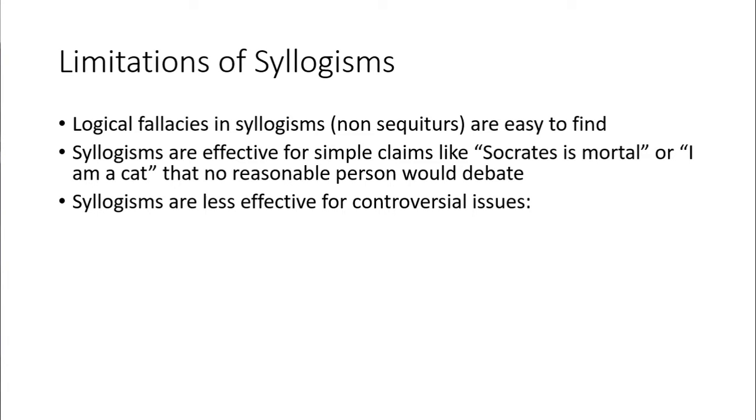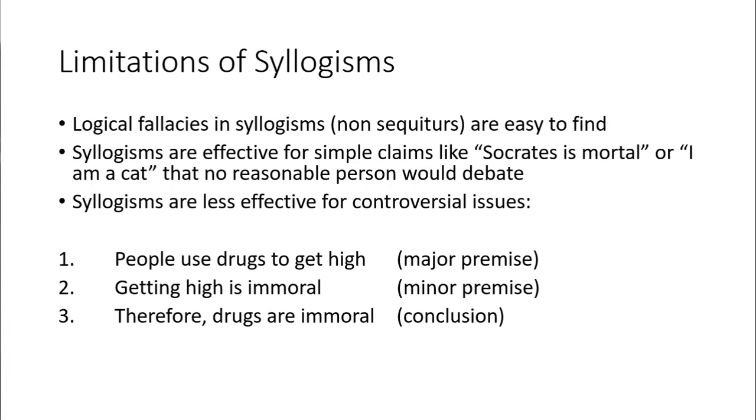For one, there's no reason to actually make those kinds of assertions because no reasonable person would argue against them. When you try to apply some more controversial issues to the format of syllogisms, it becomes a lot less clear if the conclusion drawn from the syllogism is true.